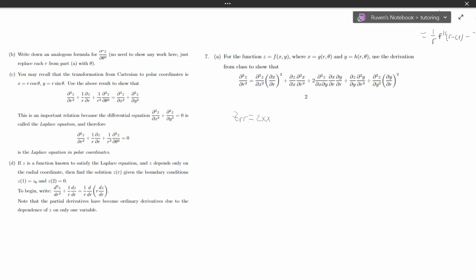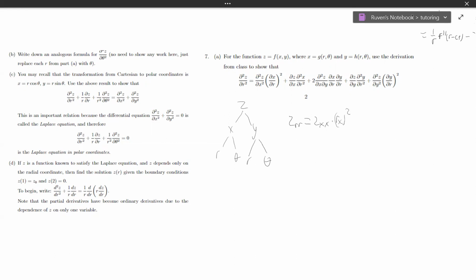Okay, before that, what I'm going to do is write the chain of dependency. It's going to be z, x, y, and then from x we have r, theta, from y we have r, theta.